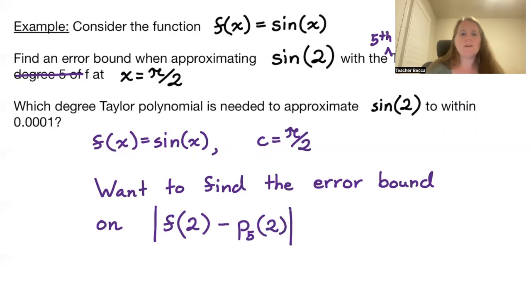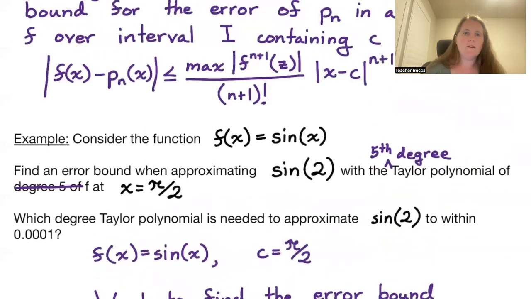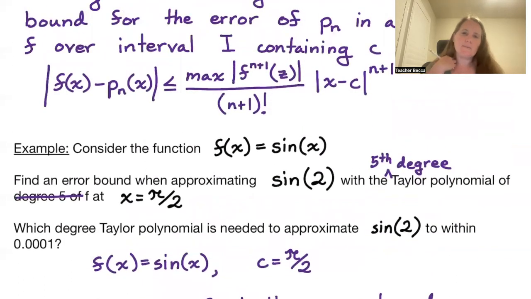That's what we are trying to find our error bound on. So we have our formula. We need to know essentially the max of our n plus first derivative over some interval containing both pi over 2 and 2.